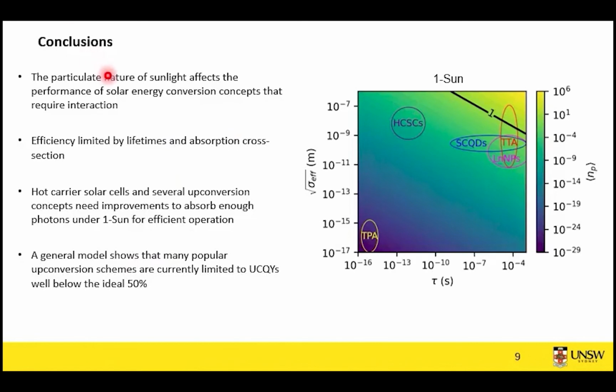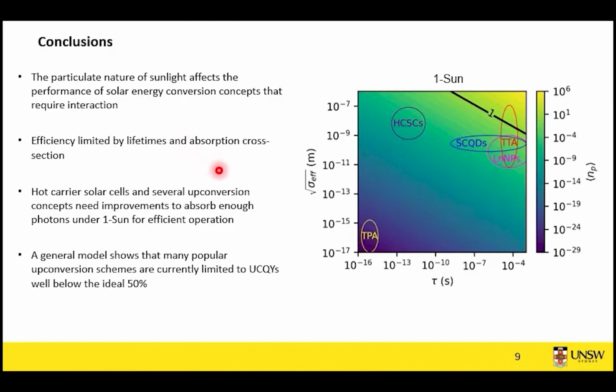With that, I would like to conclude. We've shown that the particulate nature of sunlight and the photon flux of sunlight affects the performance of solar energy conversion concepts that require interaction. And this efficiency is limited by their lifetimes, interaction length scales, and absorption cross-sections.